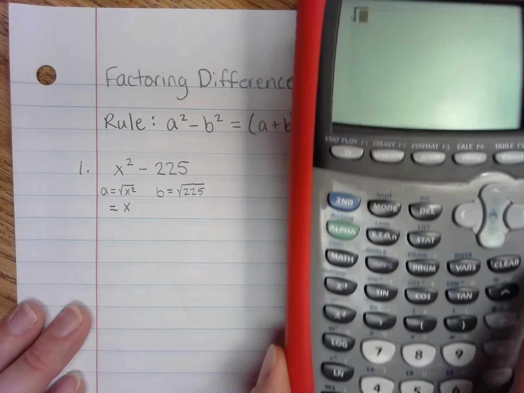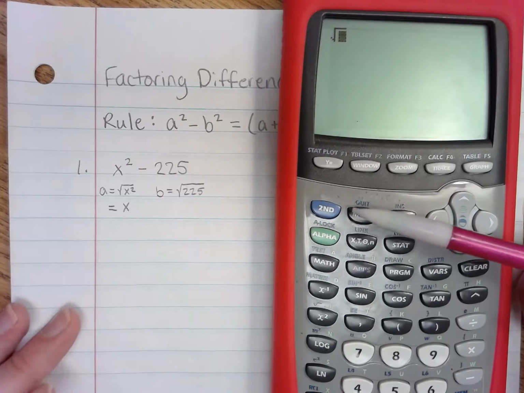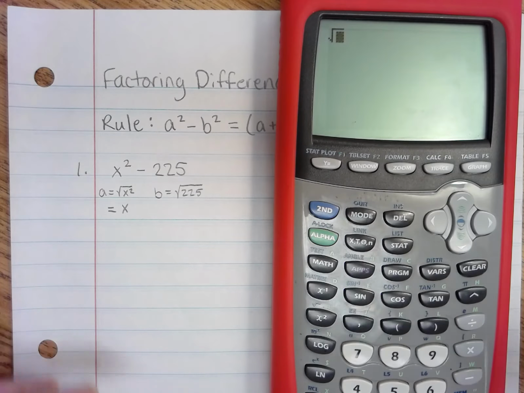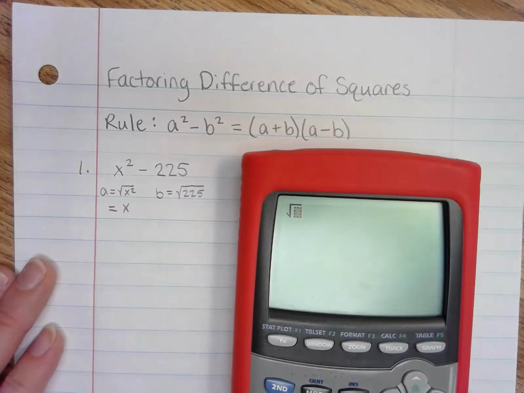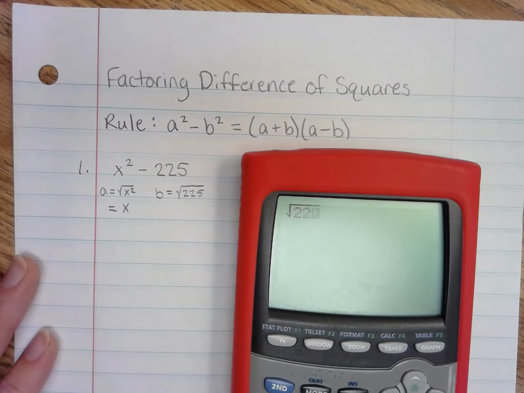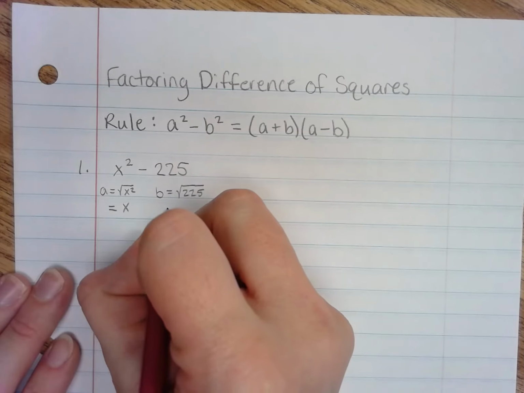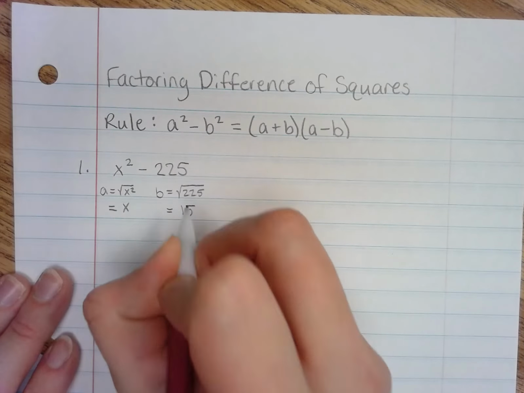It's the square button in that same column where the second key is. Look for that square root in blue. So hit that x squared button to get the square root symbol. So second square root 225 is 15.